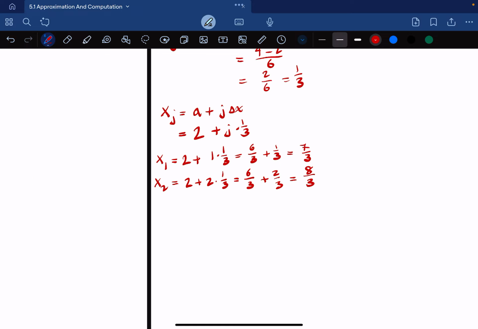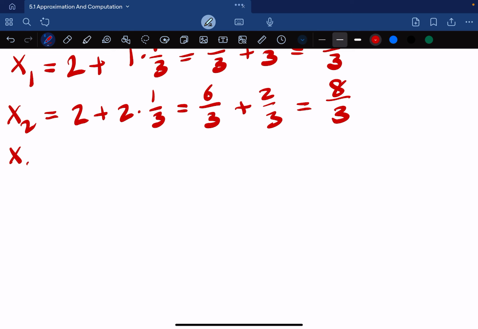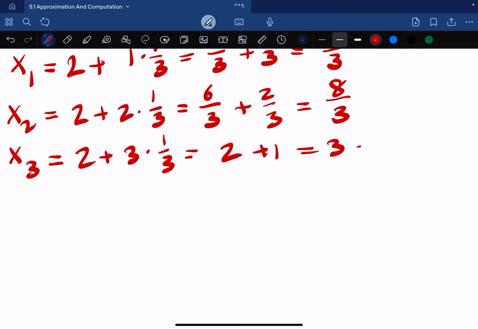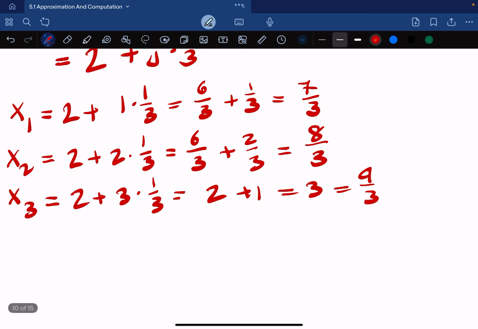So 8 over 3. Next, x of 3: 2 plus 3 times 1 over 3. This is just going to turn into 2 plus 1, so it's equal to 3, or 9 over 3, just depending on whichever one you like to use.